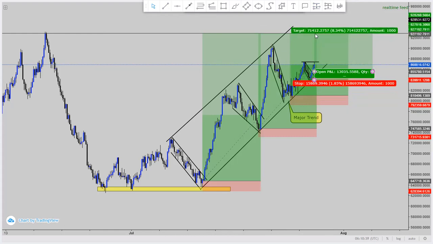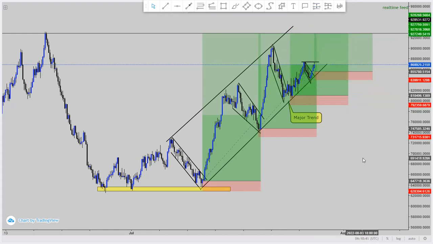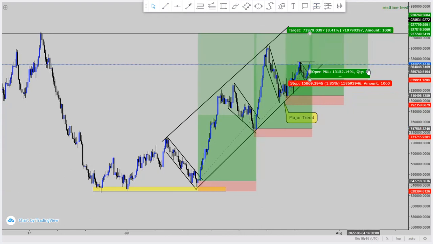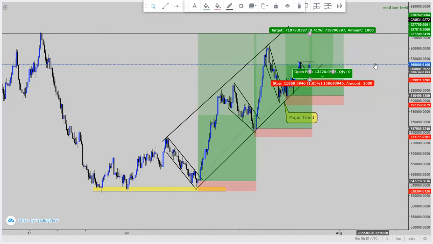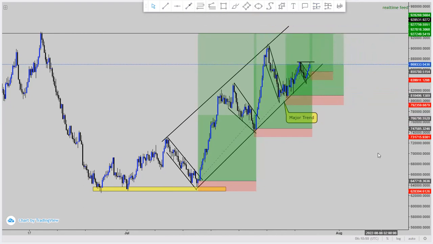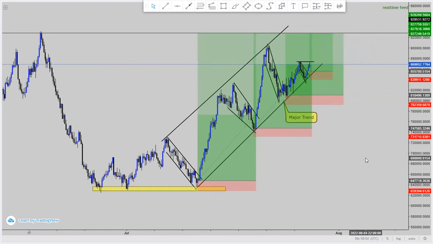Yeah. Looks good that way. This is 4-hour time. For a newbie, you don't panic. Of course, the retracements are very scary. Yes, they are.